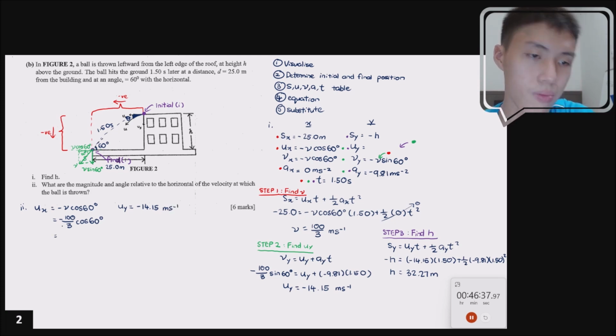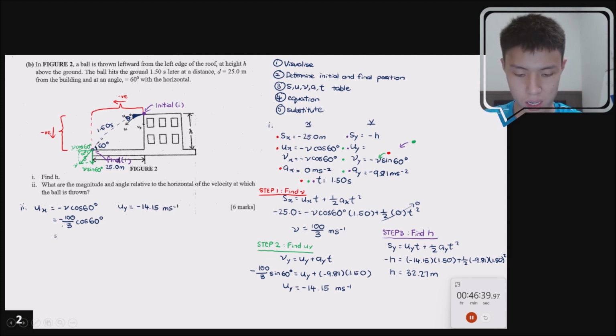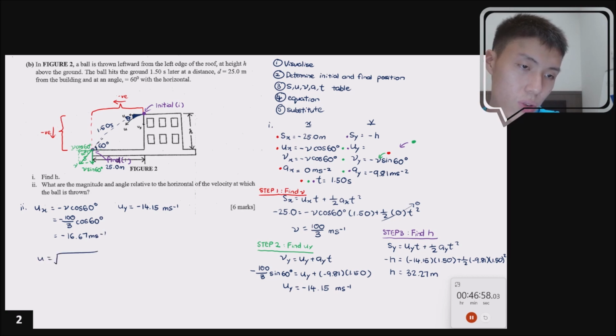Okay, 100 divided by 3 times cos 60 is negative 16.67. Magnitude u equals square root of ux square plus uy square.